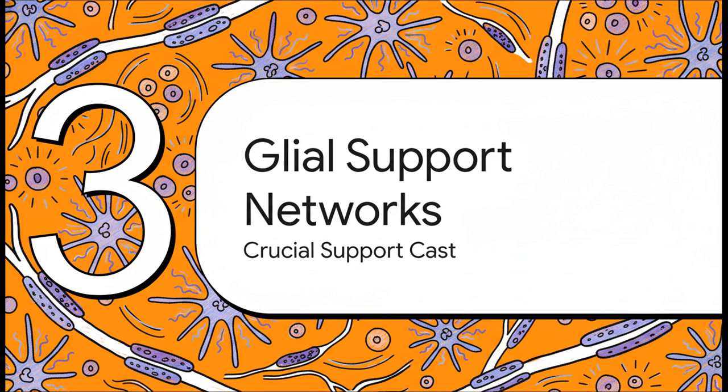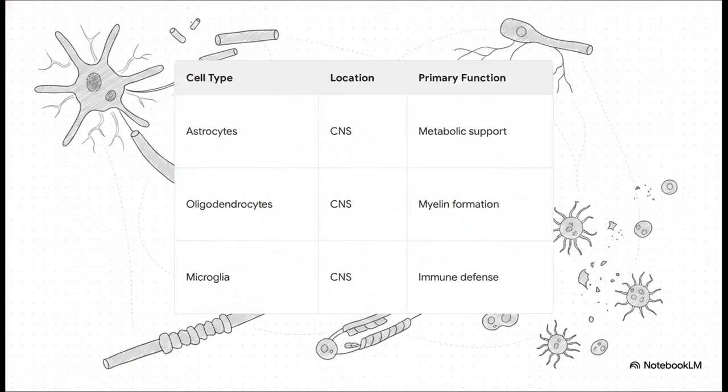Section 3. Glial cell support networks. But neurons absolutely cannot survive or function on their own. They rely entirely on a robust cellular support cast known as glia. Let's look at 3 major players. First, astrocytes. These are highly versatile, star-shaped cells in the CNS that do far more than just offer structural scaffolding.